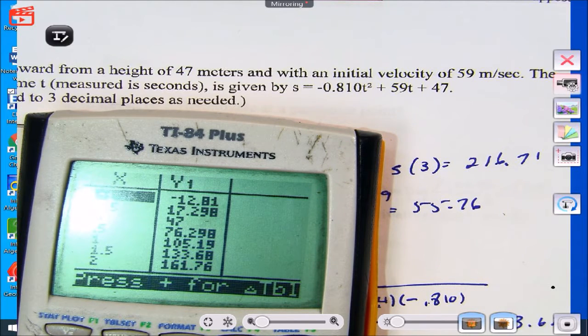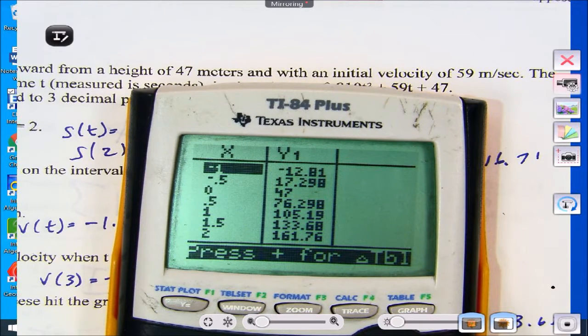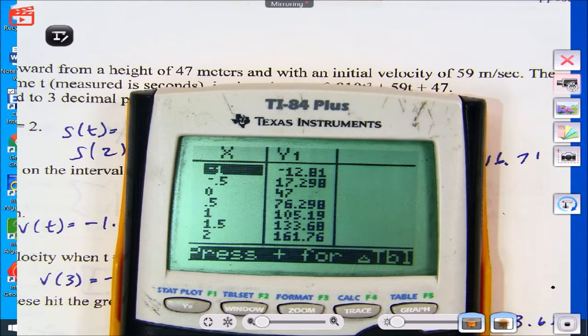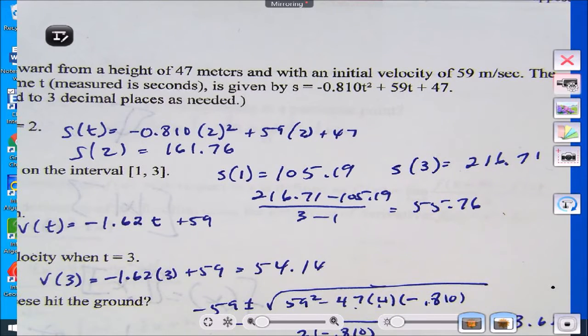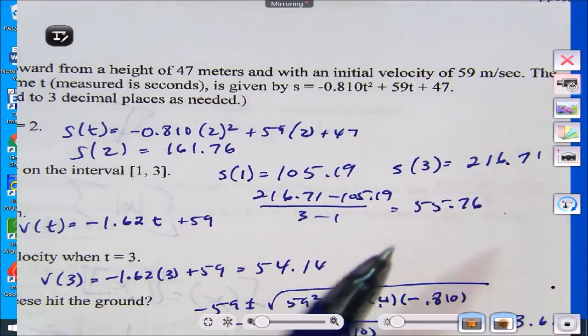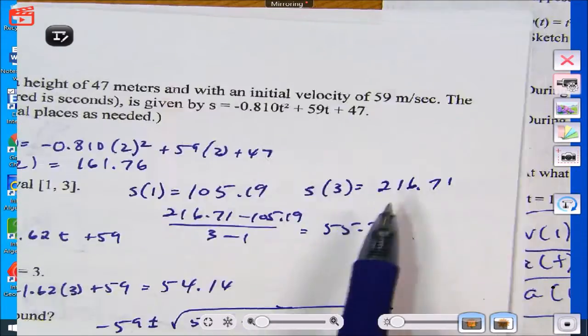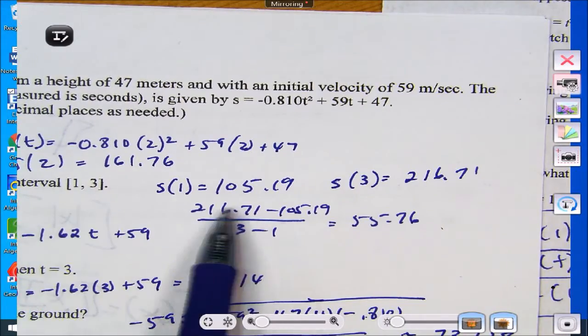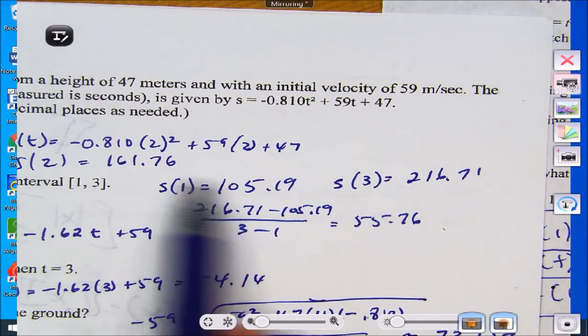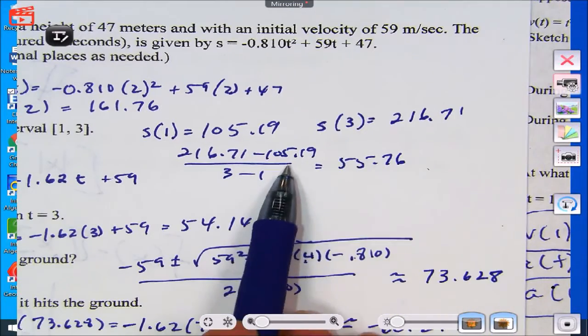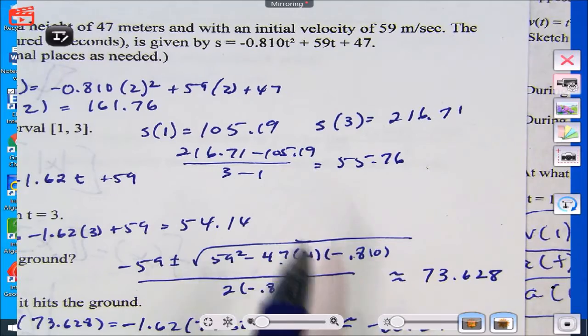I thought you just did the derivative. That's for something else. Average velocity is just the slope between those 2 points, so you plug 1 into S and 3 into S. Do I do 1 minus 3 on the denominator?